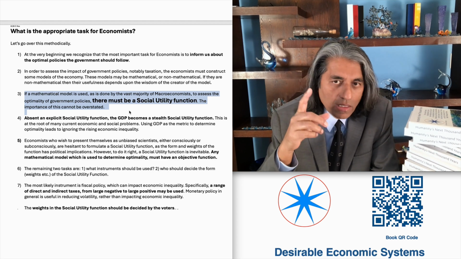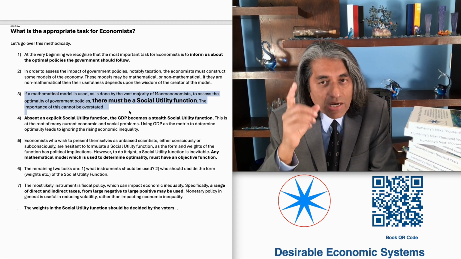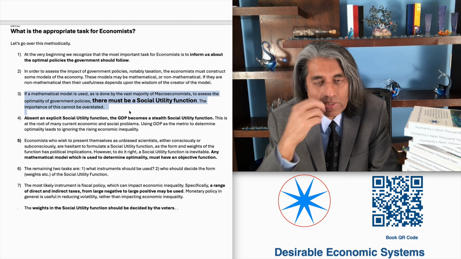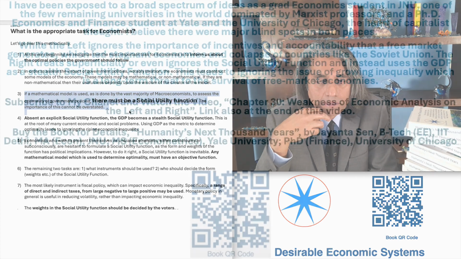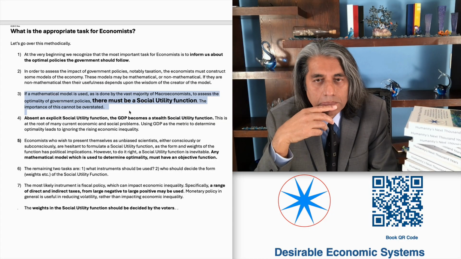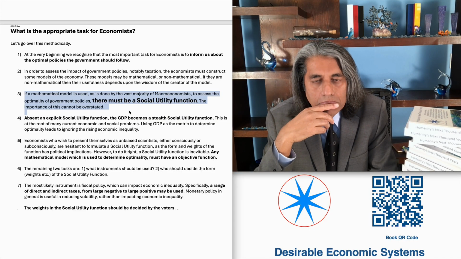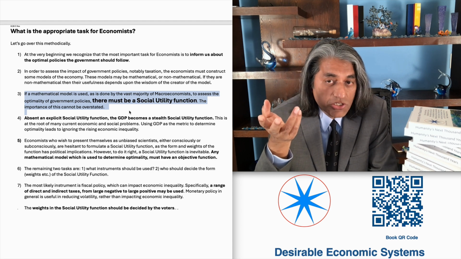Because in a mathematical model which makes a recommendation, there has to be an objective function. Without an objective function, what are you doing with that model anyway? So there has to be an objective function.